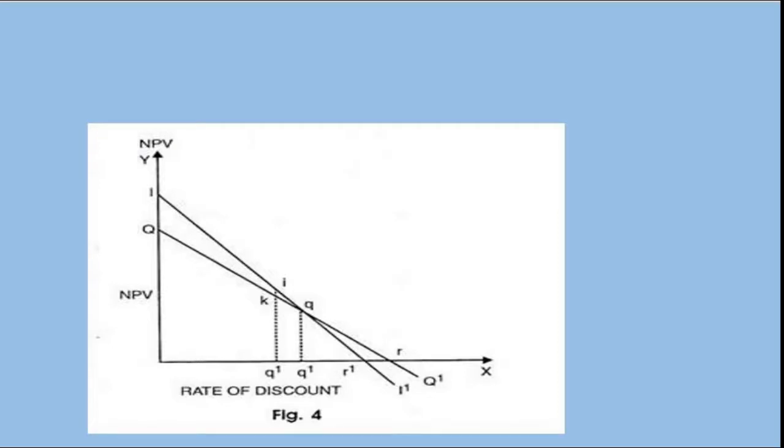Now in this figure, we will learn that the discount rate is measured along the x-axis and NPV is measured on the y-axis. The curve II depicts the investment project I, and the curve QQ depicts the investment project Q. The IRR of project Q is higher than that of I because OR is greater than OR1.